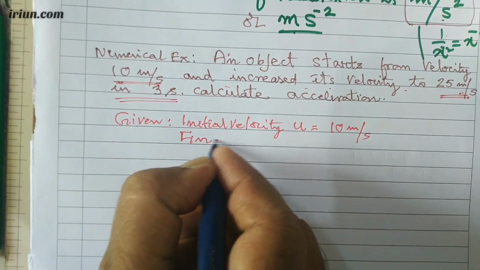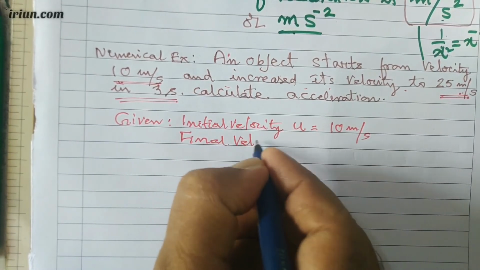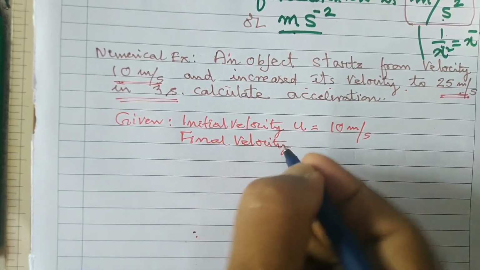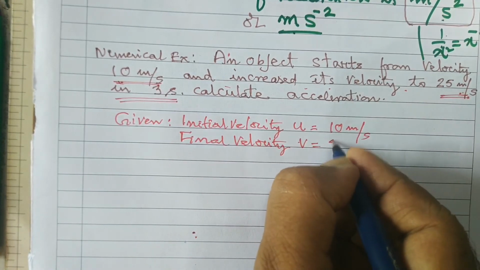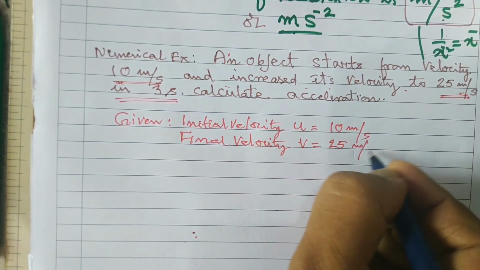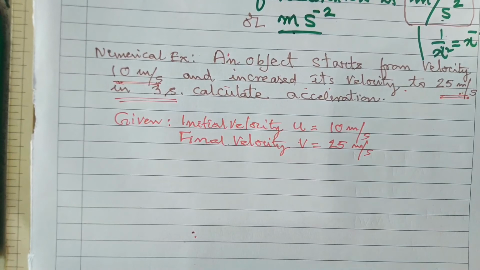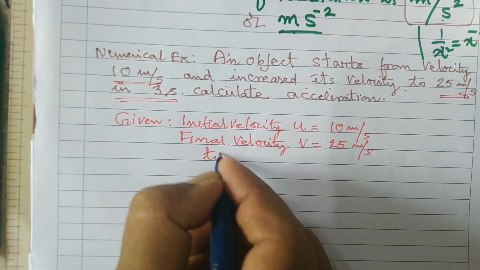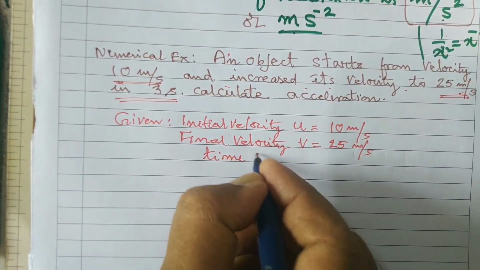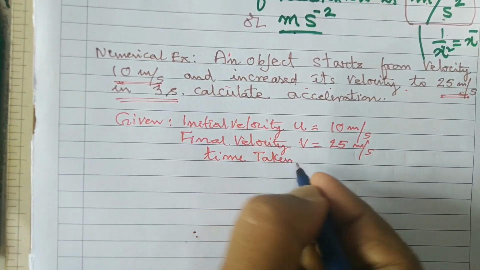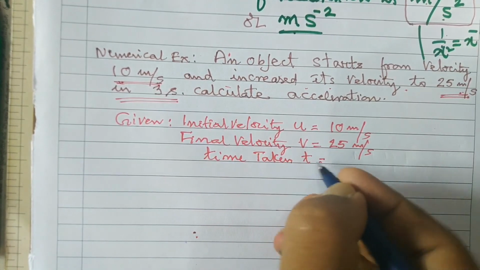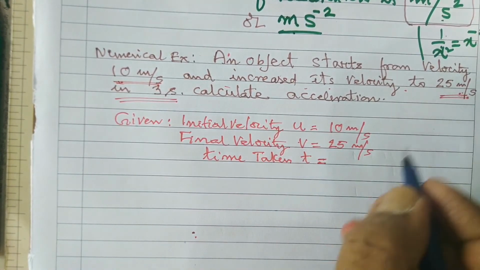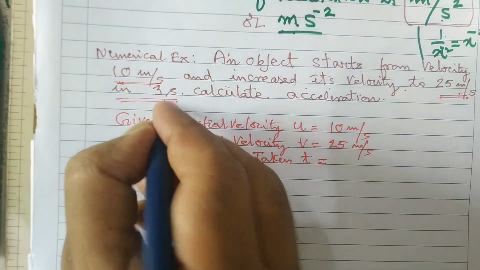Final velocity v is equal to 25 meter per second. Okay. Time taken t is equal to, you see here, it is 3 seconds.